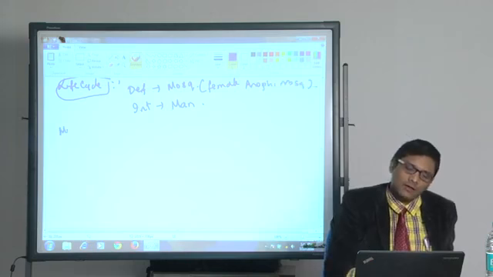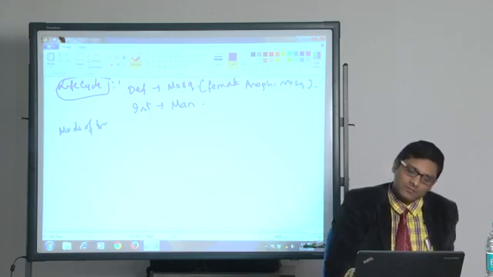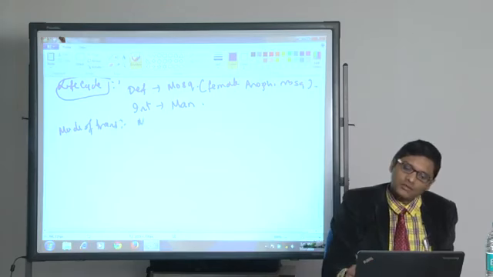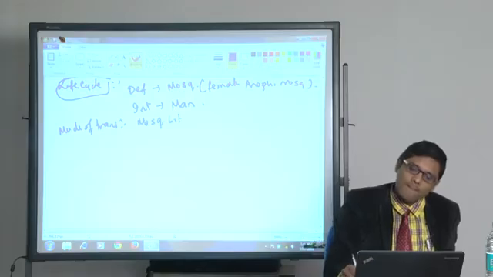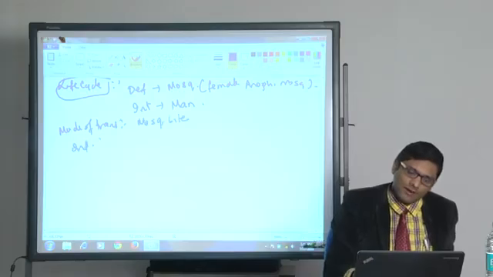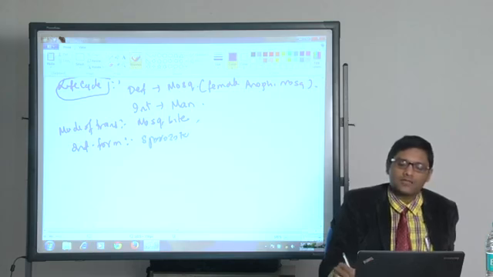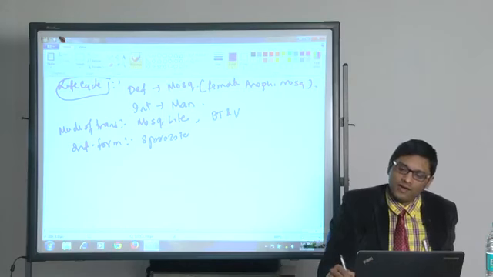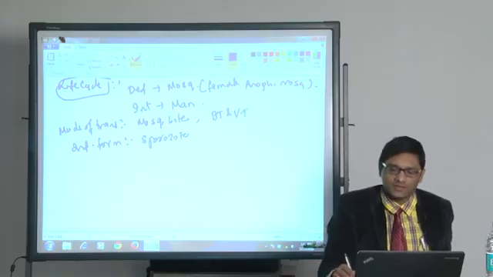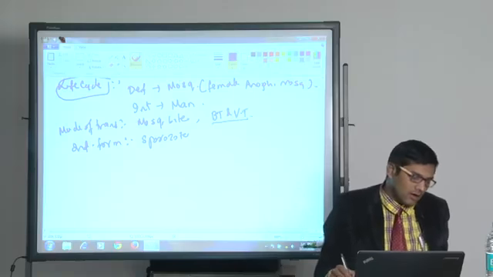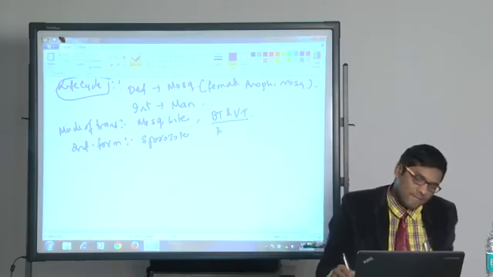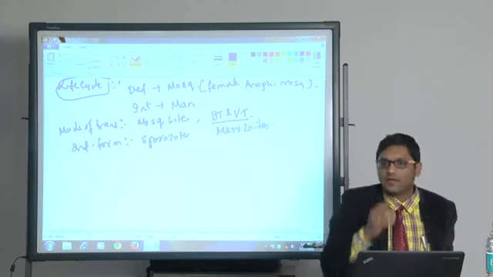If the mode of transmission is mosquito bite, then the infective form is the sporozoite. But the mode of transmission can also be blood transfusion and vertical transmission from mother to fetus. In these two cases, the infective form will be merozoites. Directly, merozoites can be the infective form.